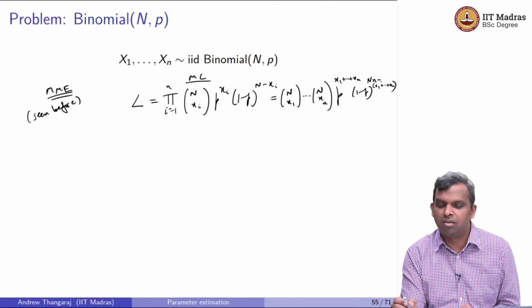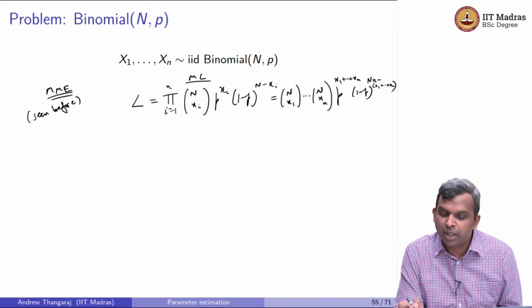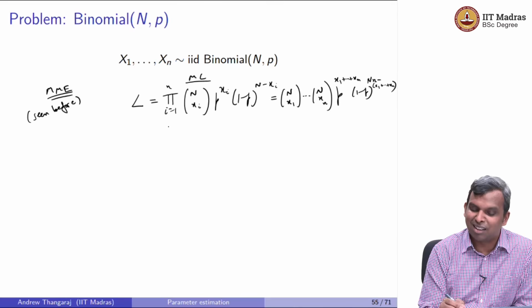I hope you can work this out. It's just this product multiplied n times, so you get 1 minus p power n times n minus x1 plus through xn. So this is the expression that you get. It's a bit ugly, I agree.